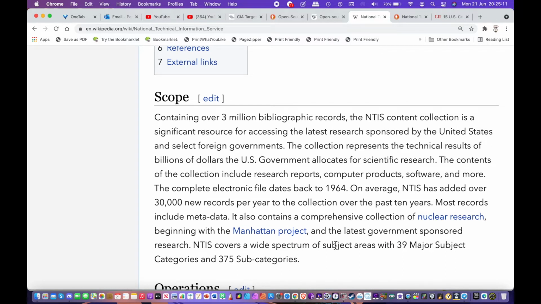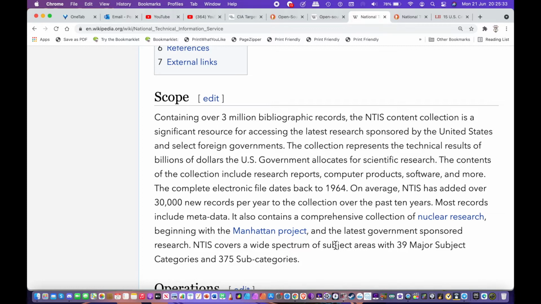Containing over 3 million bibliographic records, the NTIS content collection is a significant resource for accessing the latest research sponsored by the United States and select foreign governments.